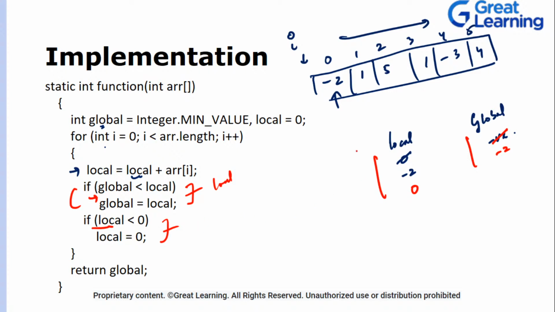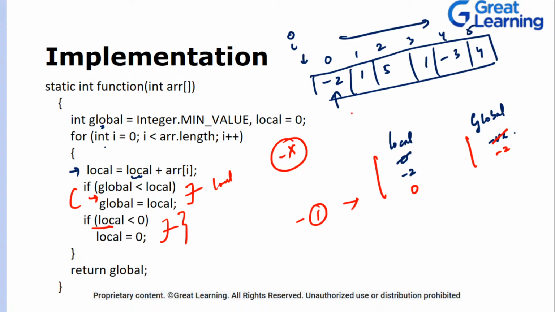Because let's suppose all the elements in the array are negative and there is only one positive value. If you don't have this condition, you will get a negative value, and you will say that negative value is your maximum, but that is not the case.